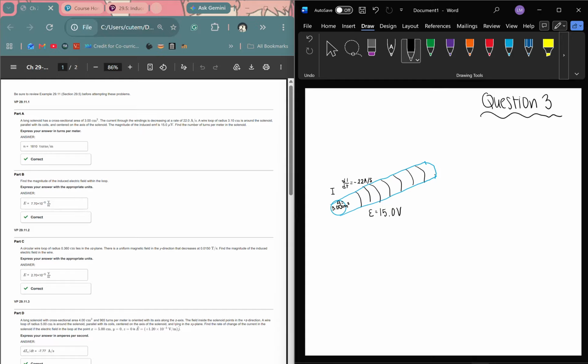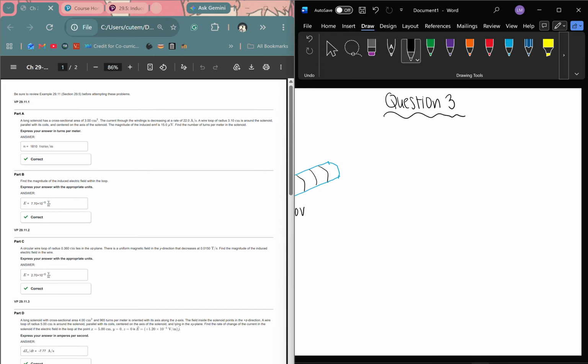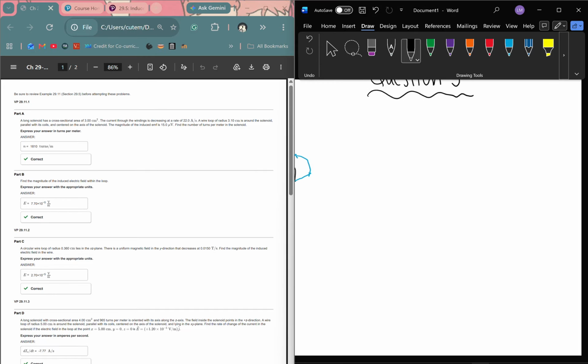So let's write the magnetic field equation now. Inside a long solenoid, let me write down the equation first and I'll explain it. Okay, there you go.